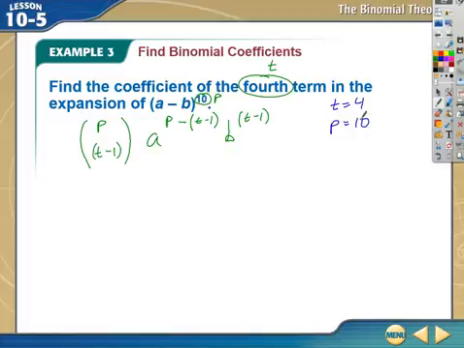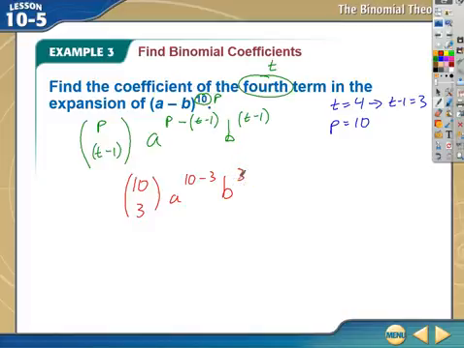And because I use t minus 1 so much, I'm going to take this a step further. I'm going to say that t minus 1, well, that's easy enough, is equal to 3. And now I plug in. P is 10. T minus 1 we said was 3. So it's 10 choose 3. A to the 10 minus t minus 1, which is 3, times b to the t minus 1, which we said was 3.